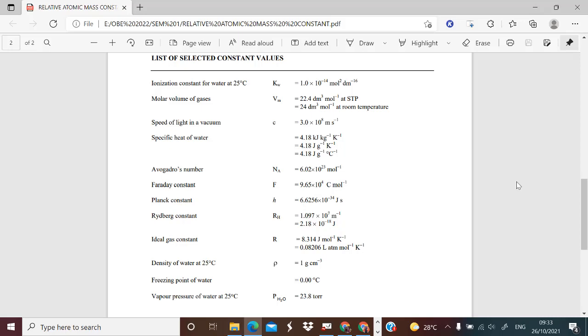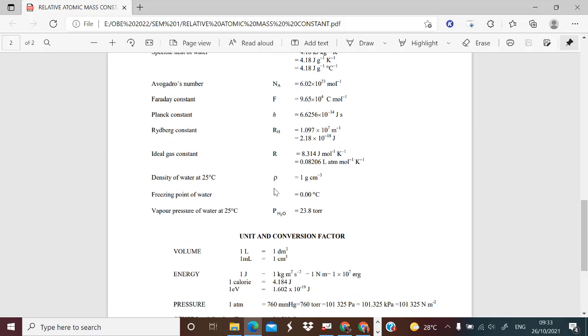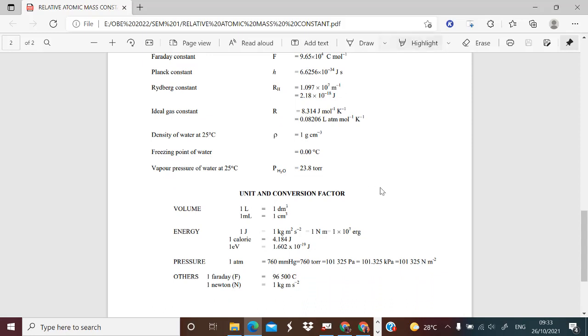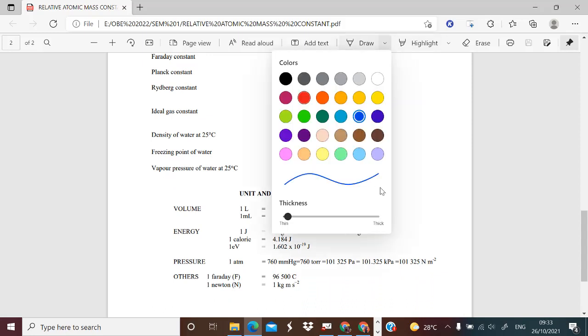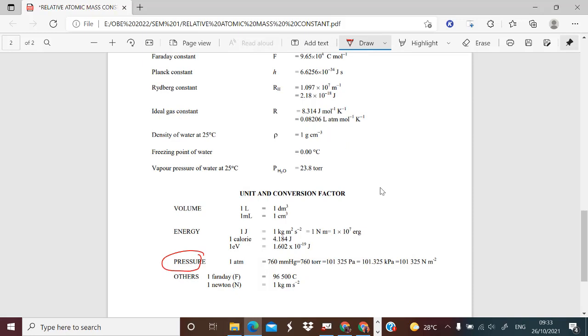So kalau you nampak pada the next page, dia ada satu bahagian pasal pressure kat sini. Saya pernah mention dalam kuliah sebelum ni. Okay, jadi you tengok bahagian pressure, ini adalah dia punya conversion. So sekarang, okay, kita nak tukar ATM. So you nampak kat sini 1 ATM is equal to 101.325 kilopascal.